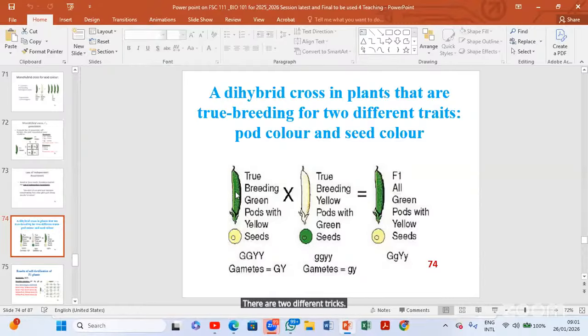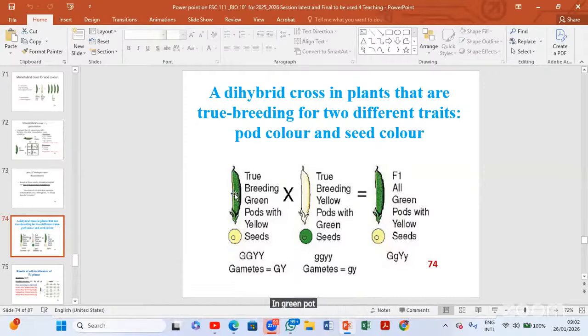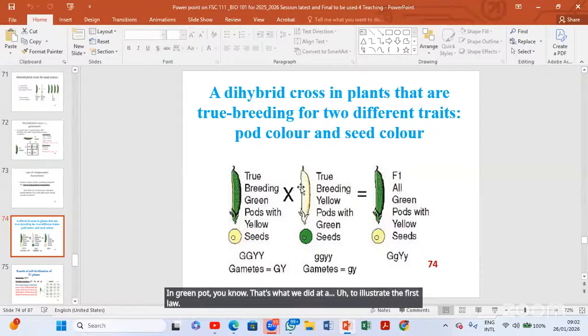For the pod to be green does not mean what will be inside will also be green. So it can be green, it can be yellow. And for the pod to be yellow does not mean the seed inside must be yellow, because they are two different traits. But what Mendel did in the first law was to cross a green pod with a yellow pod.